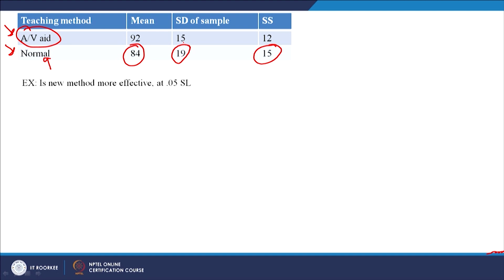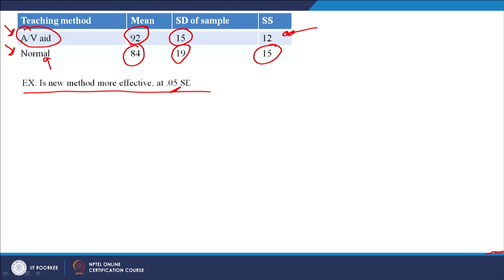Now, when the same teacher taught the students using audio visual aids, the mean marks of the students was 92 and the sample size he chose the second time was 12, right. Sample standard deviation 15. So, the question is, is the new method more effective? You have to test this hypothesis at 0.05 significance level.